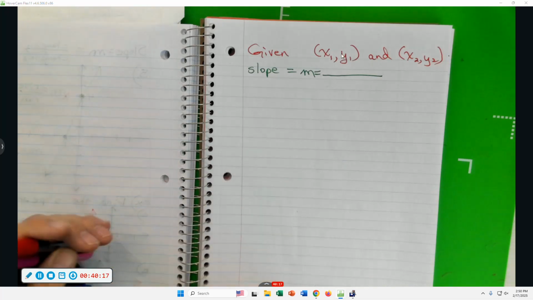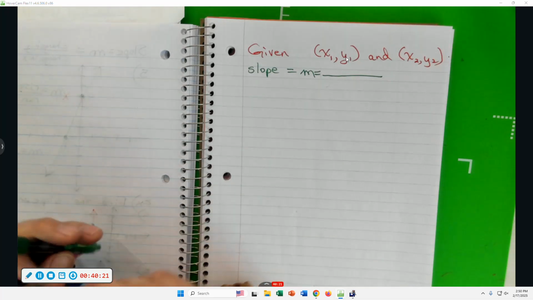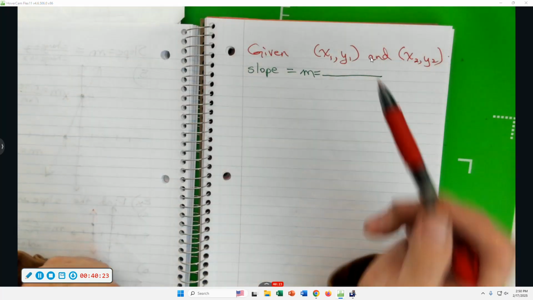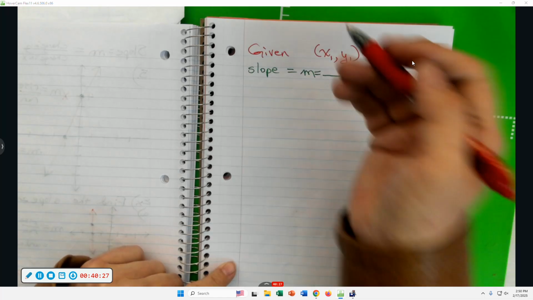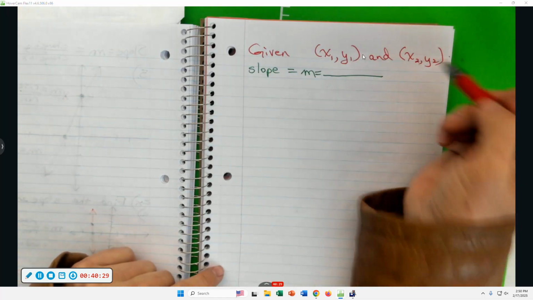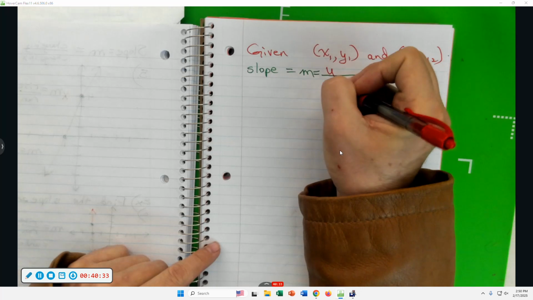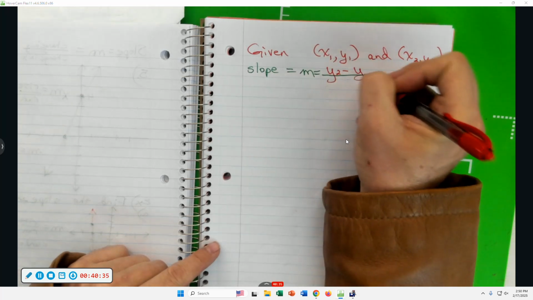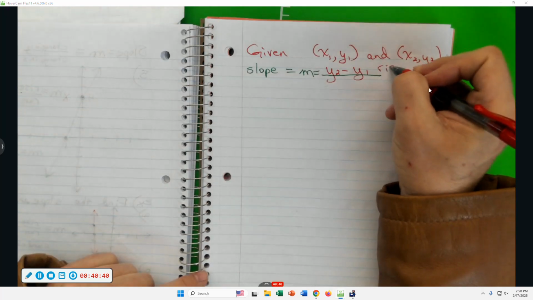Now, when a line is going up and down as an equation with an X, the vertical movement is still measured in terms of the Y values. So to get that rise, you're starting at the first point, you're trying to get to the second, subtract the Y coordinates: Y2 minus Y1. That gives you the rise of the line.